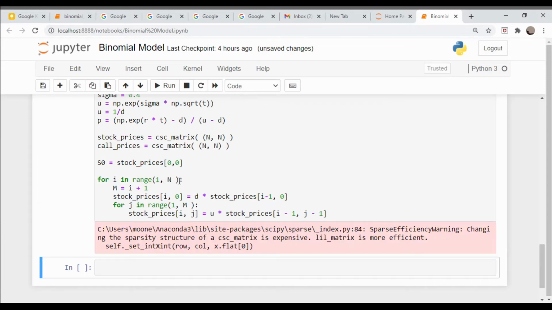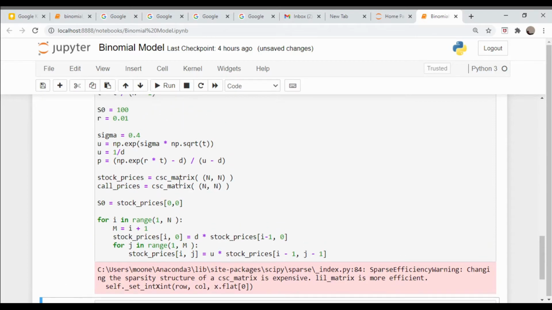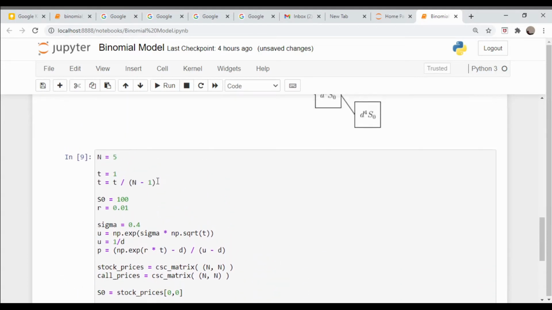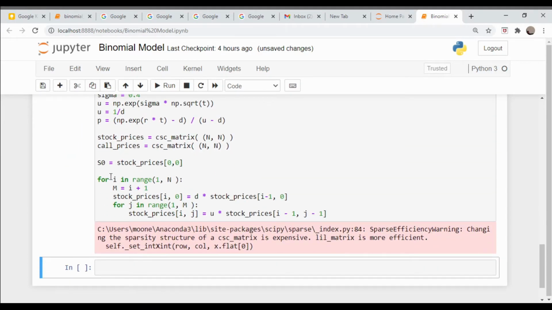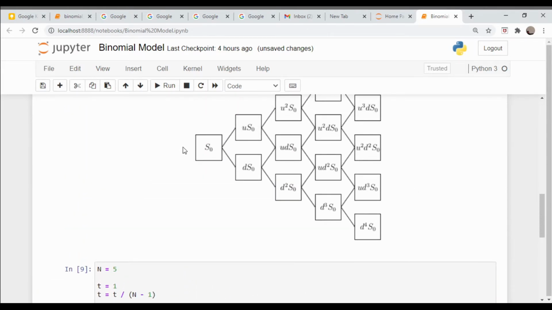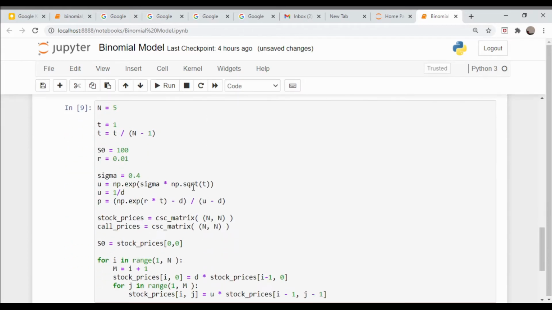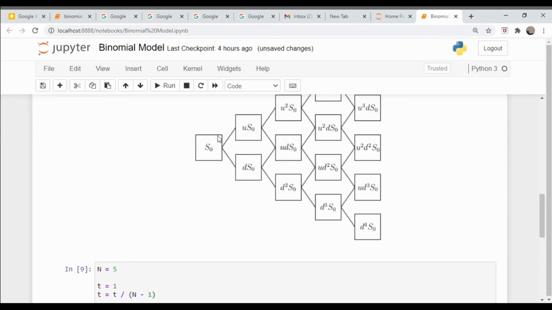So here's the code to propagate forward those prices. It's two nested loops. Our outer loop, our main loop, you notice it starts at range 1 to n. So we're going from here out to here.